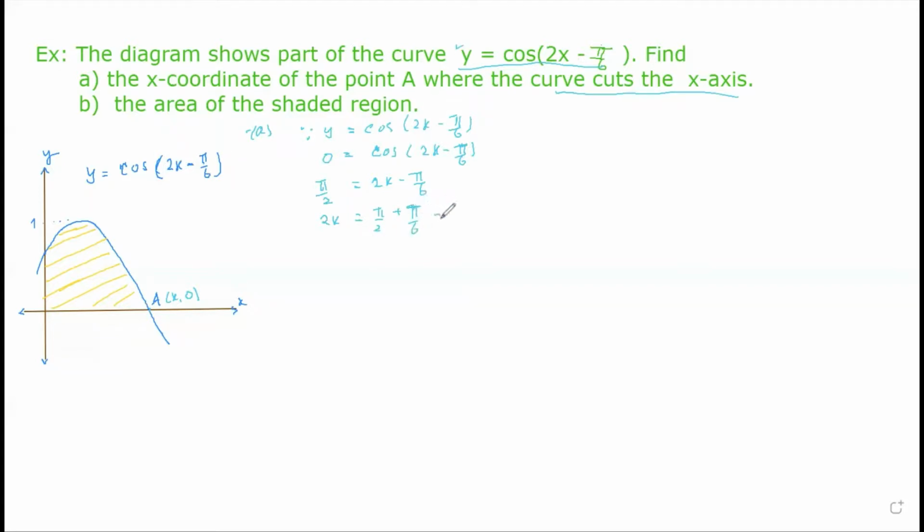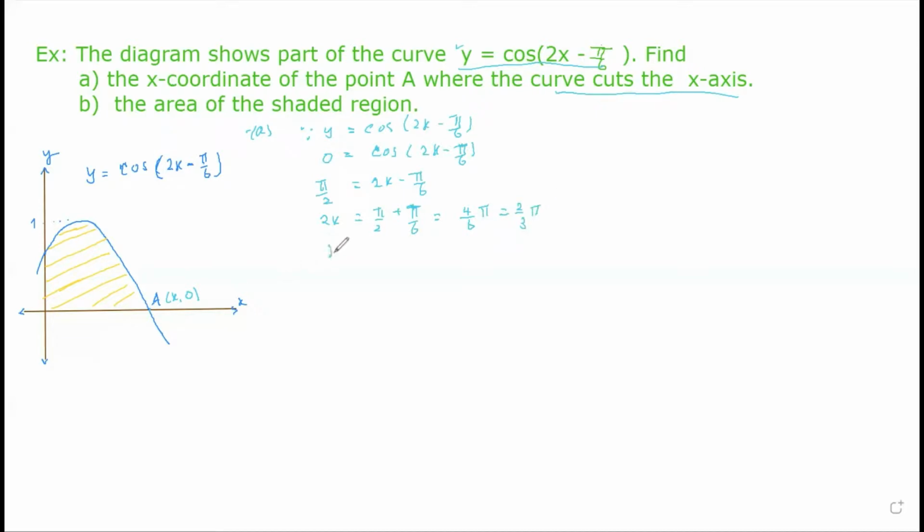LCM is 6, so 3 pi over 6 plus 1 pi over 6 becomes 4 over 6 pi, which equals 2 over 3 pi.